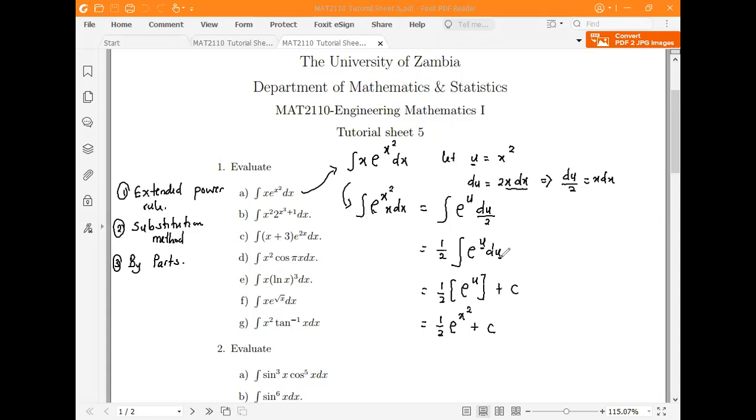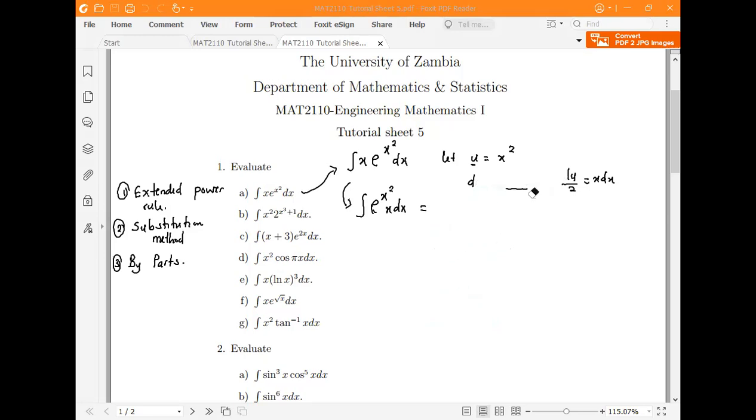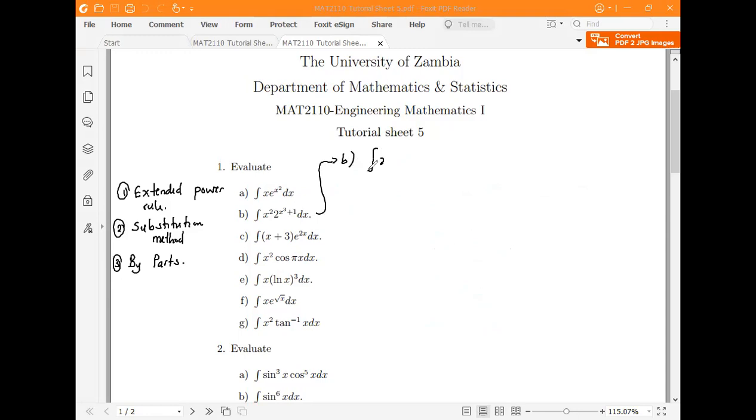Okay, let's bring part B. Part B is the integral of x squared times 2 to the power x cubed plus 1 dx.